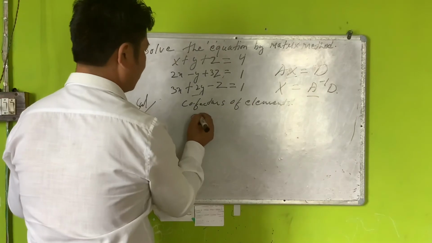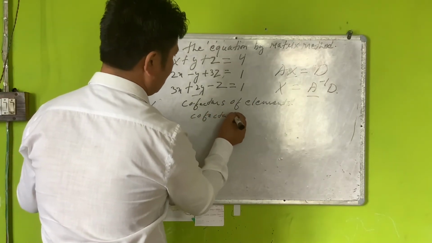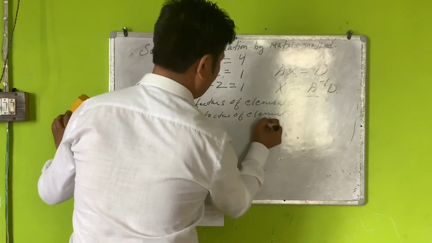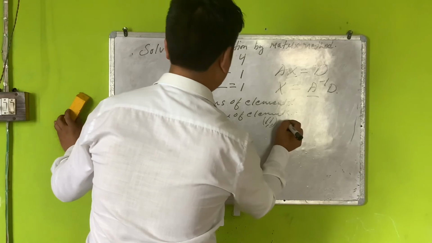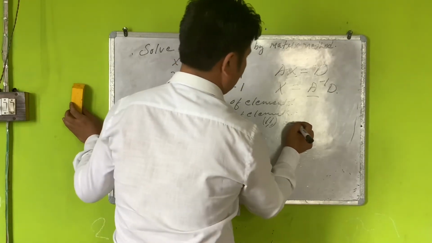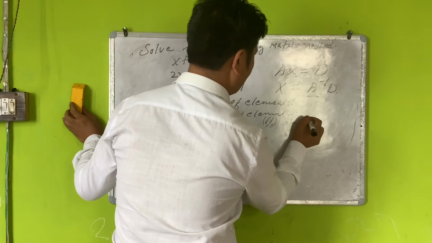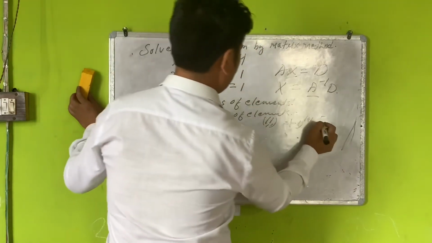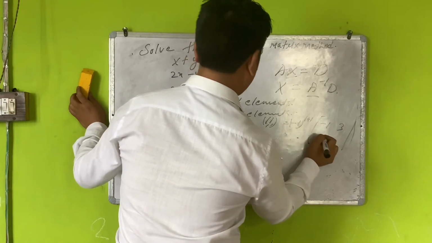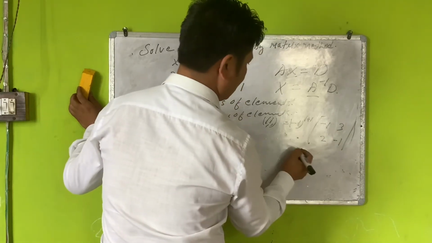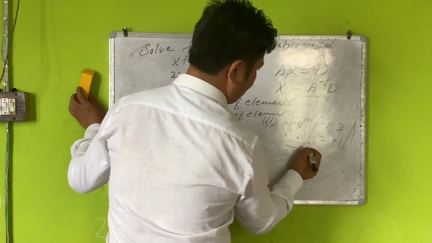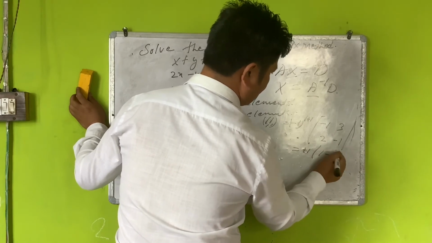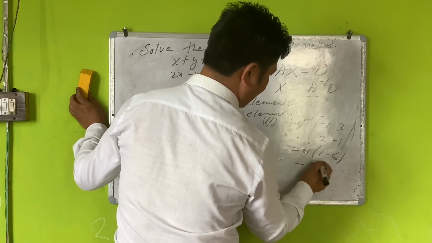First, the cofactor of element 1 1, that is minus 1 to the power i plus j, 1 plus 1, into this thing, minus 1 3, 2 minus 1. So it will be plus 1 into 1 minus 6. So it will be minus 5.